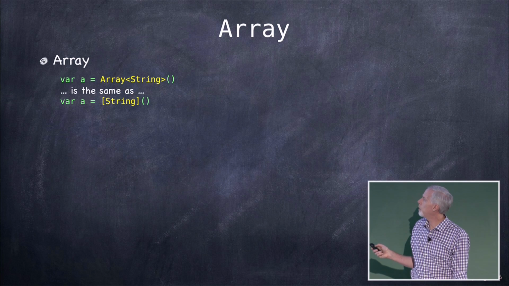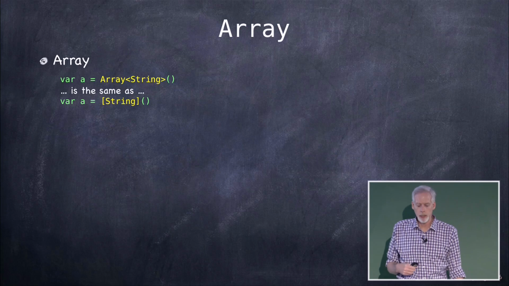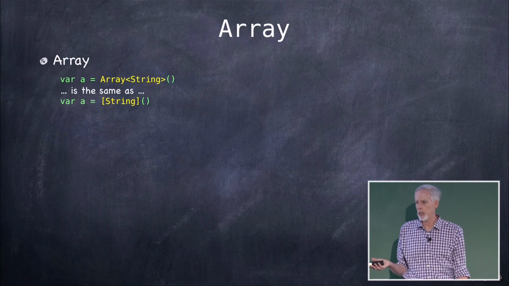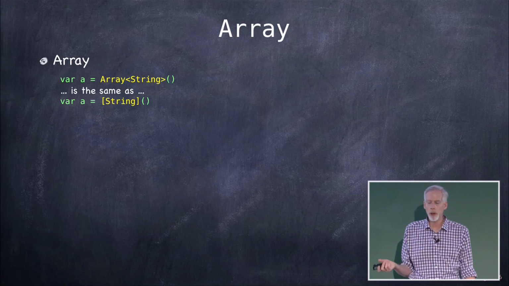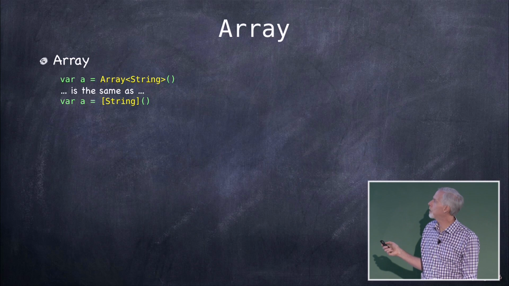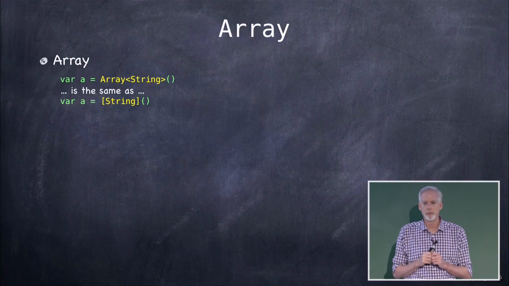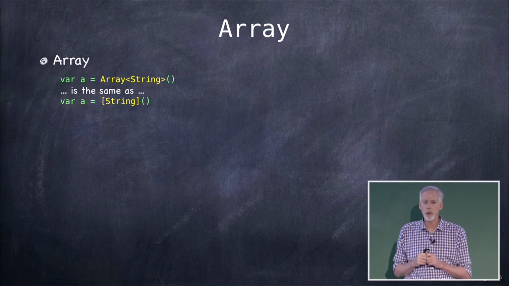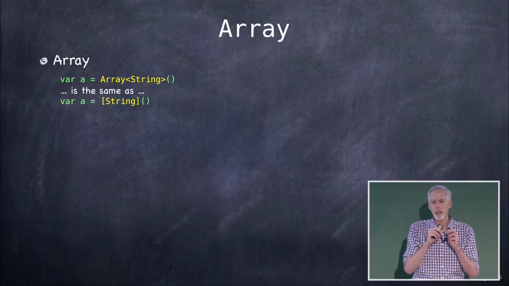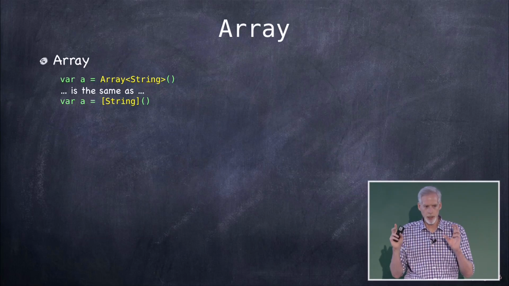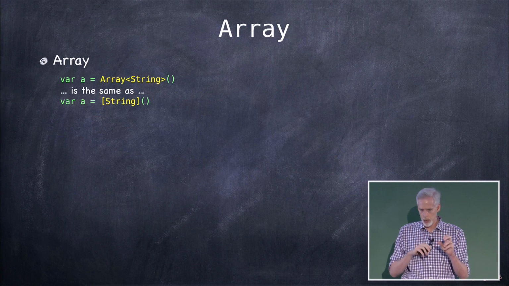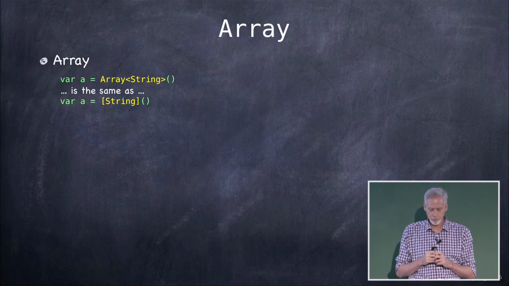But this square bracket, string, close square bracket is more informal, and it's the one we use. So as we go forward, we're going to use open square bracket string, close square bracket to mean the type array of string. And similarly for dictionary, open square bracket, key, colon, value, close square bracket. That is dictionary with keys of this and values of that type.